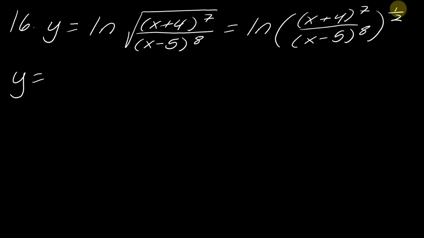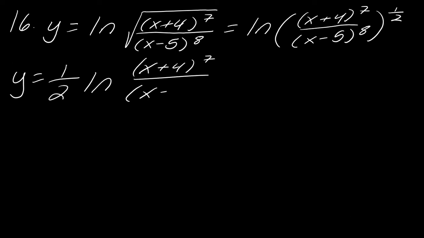So the first thing I'm going to do is bring that 1/2 power down. So this becomes 1/2 times the natural log of x plus 4 to the 7th over x minus 5 to the 8th. Now what I can do is break this up using the quotient rule, so I can take this a step farther.